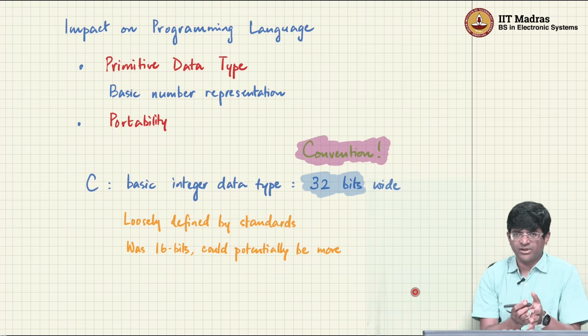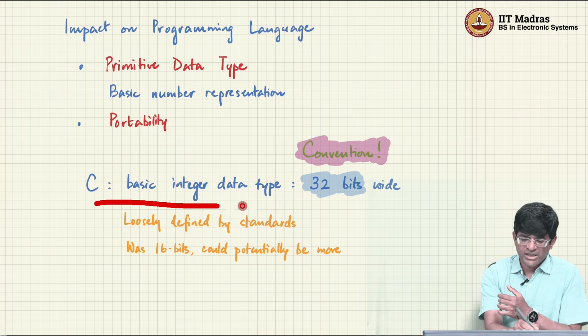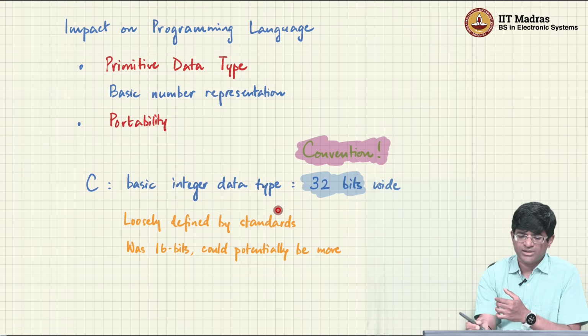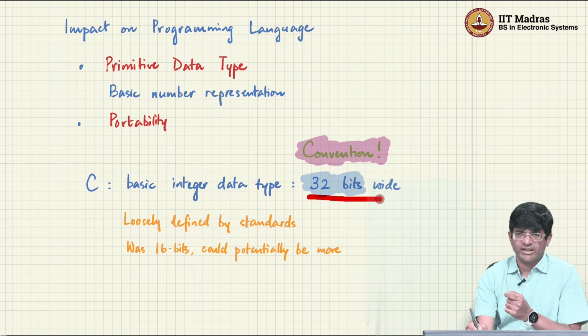But when you look at it from the point of view of the hardware, it's a tremendous advancement, right? You are no longer tied to the individual sizes and numbers of each register. You can just assume that there is a primitive data type, which in the case of C is usually defined as the integer. And modern variants of C basically assume that an integer is 32 bits wide.